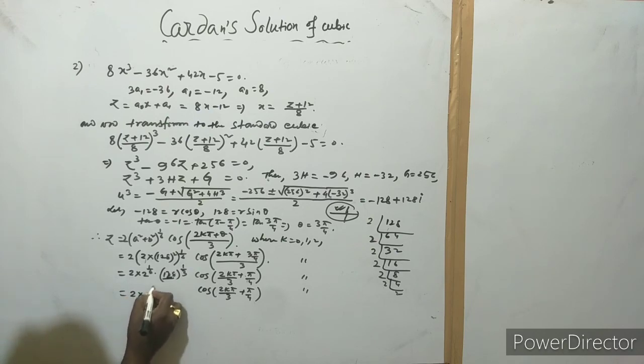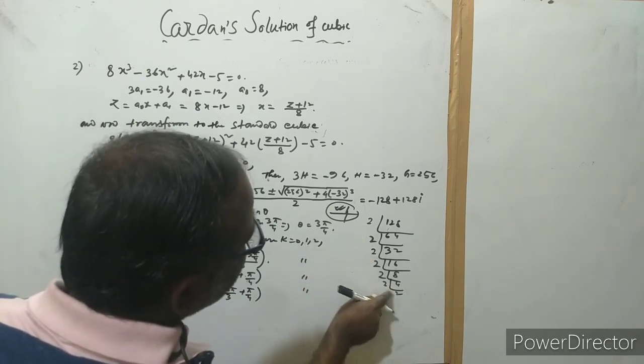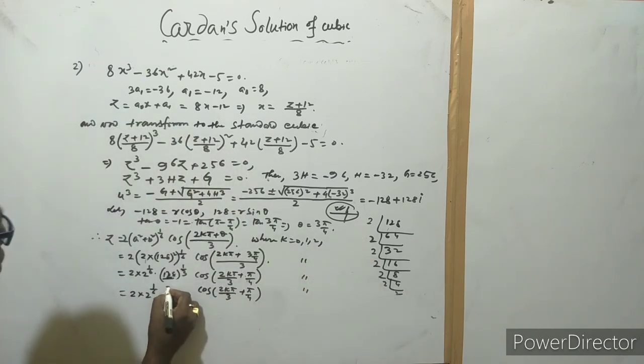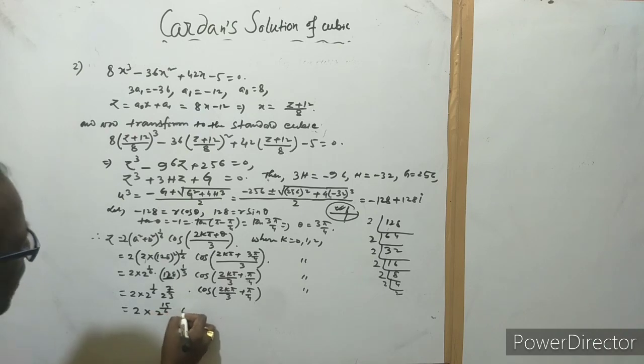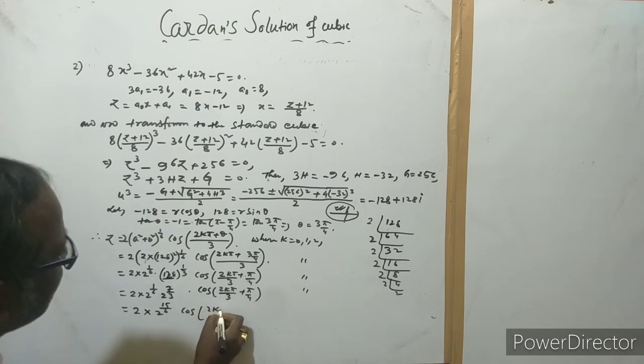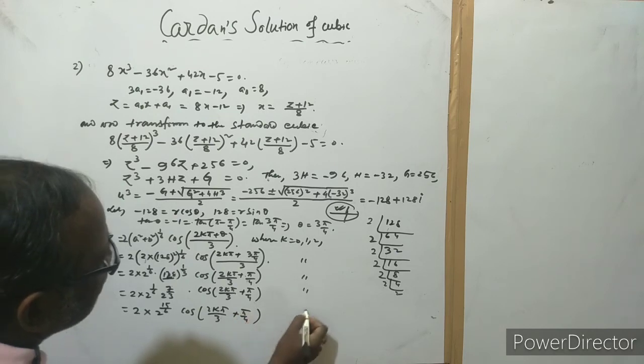So 2 into 2 to the power 1 by 6, and 2 to the power 7 by 3 into that. And 2 into 2 to the power 7 by 6, that is 2 to the power 15 by 6, and cos of 2k pi by 3 plus pi by 4 actually.